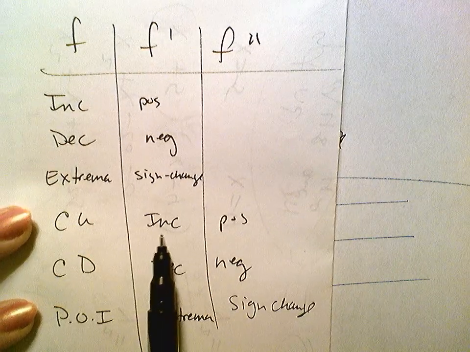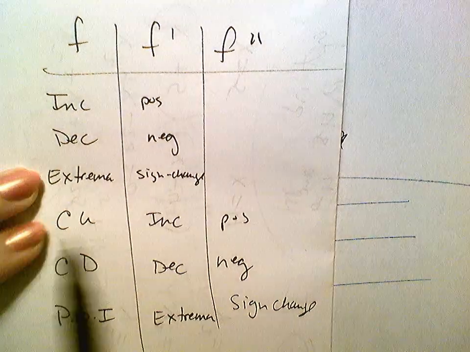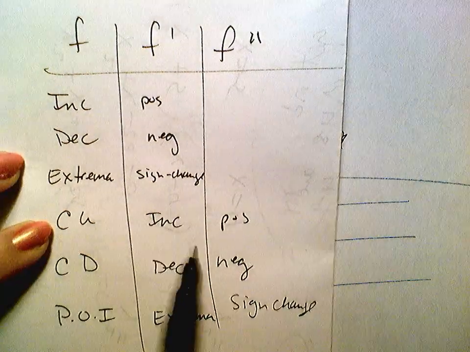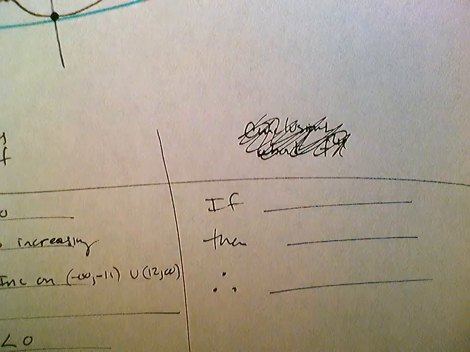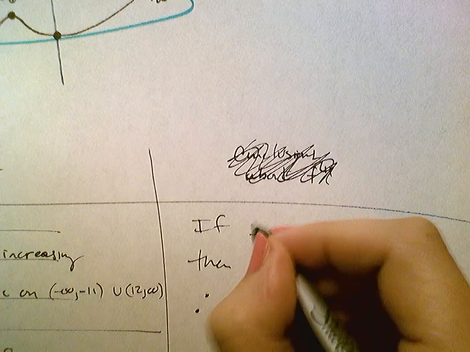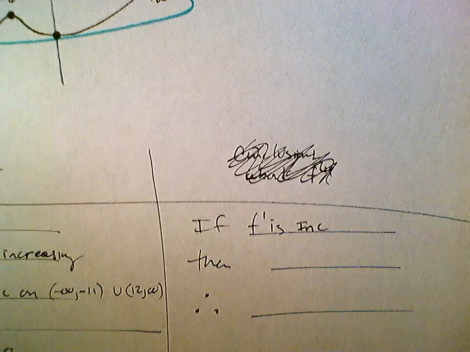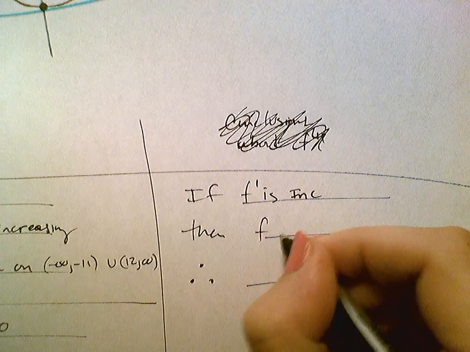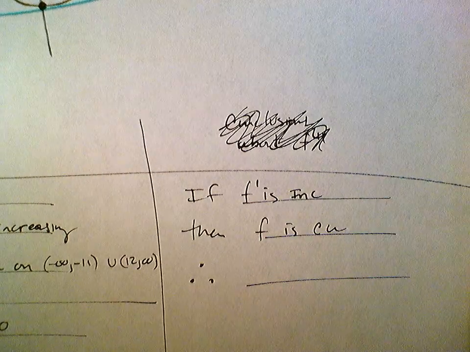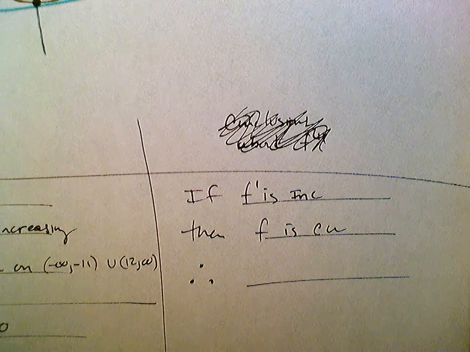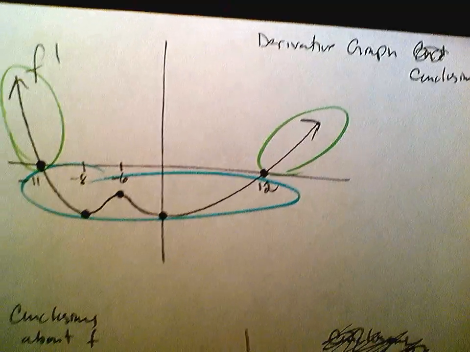Okay, if f prime is increasing, that implies that f is concave up. So let me say, if f prime is increasing, then f is concave up. So where is f prime increasing?